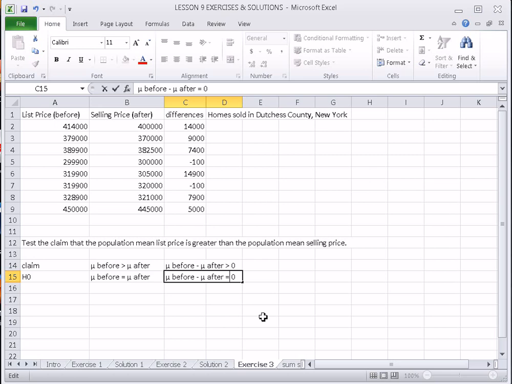In the claim, we have the before greater than the after, or the list price greater than the selling price, which means that before minus after would be positive, greater than 0. The null hypothesis is a claim of equality, so it would be claiming that the before price and the after price, or the list and selling prices, are equal, which is the same thing as saying the difference between those equals 0. And then the alternative is simply the same thing as the claim.